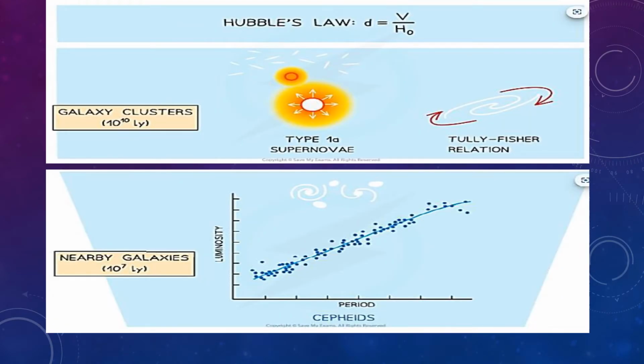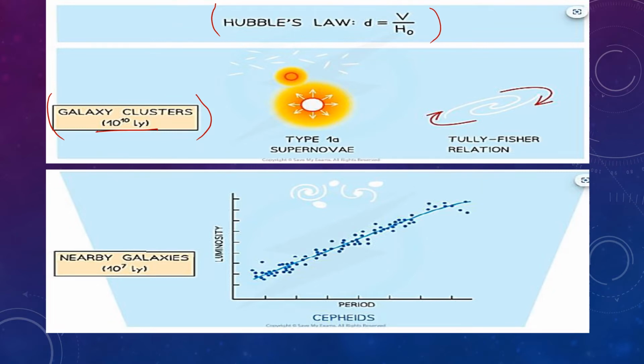Okay, now let's look at this cosmic ladder. The first thing is Hubble's law, which is D equals V over H naught, where D is the distance, V is the speed of the galaxy, and H naught is Hubble's constant. The first thing is very far away, a galaxy cluster, which is 10 to the power 10 light years.